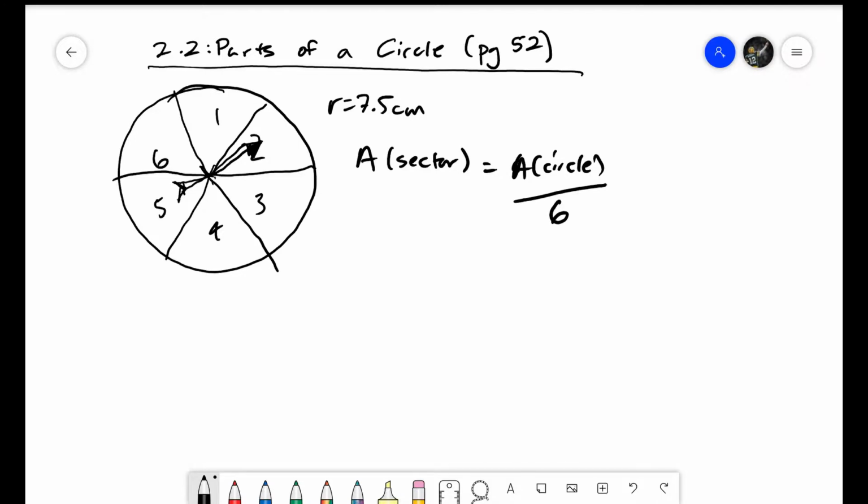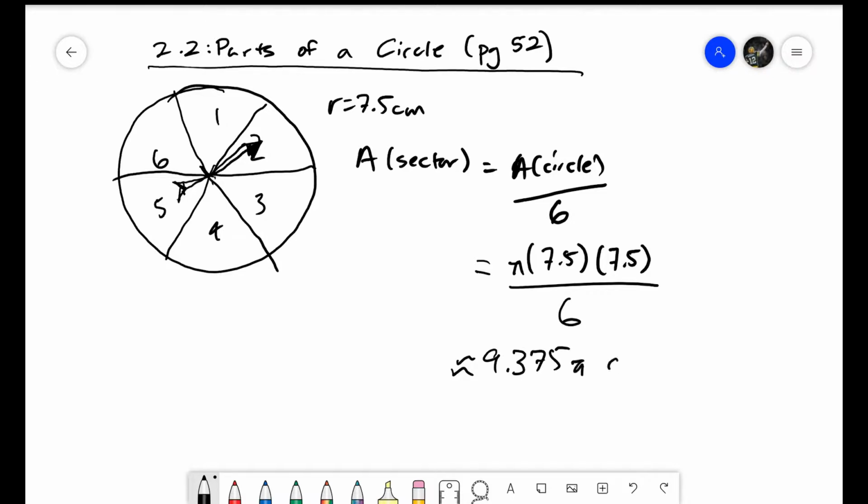So this is equal to pi times 7.5 times 7.5 divided by 6, which is approximately equal to 9.375 pi centimeters squared.